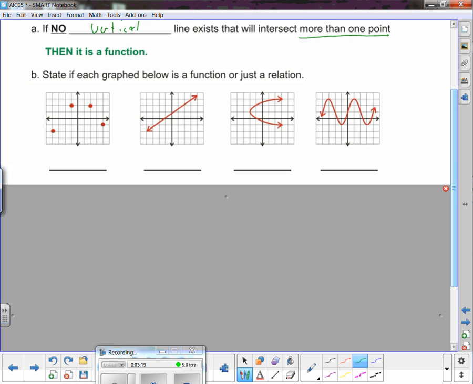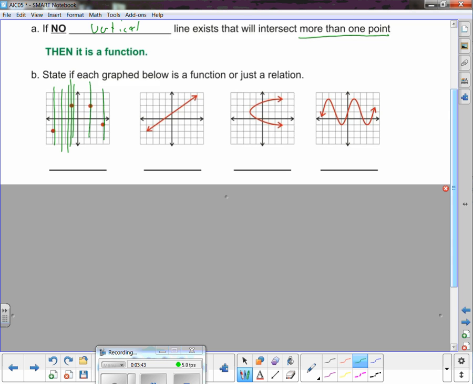I've got four examples for you. Here's the key. I can't find a vertical line that hits more than one point. That hits one point, but only one. That hits one and only one. No matter what vertical line I choose, I'm only hitting one point.